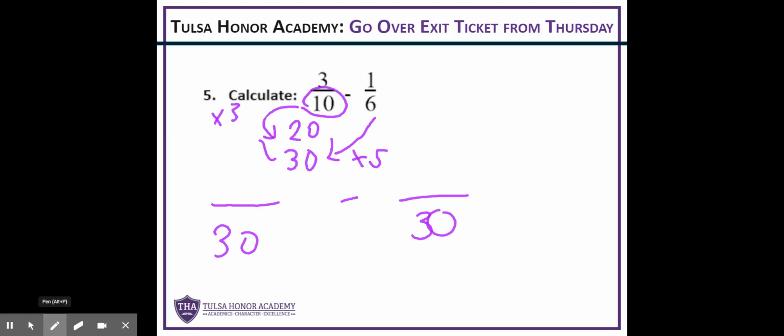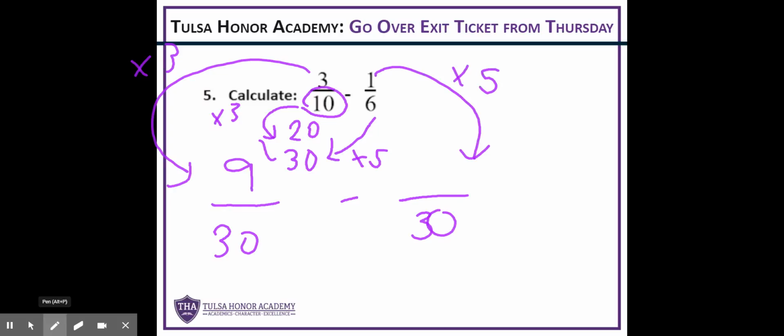For 3, we multiply 10 times 3 to get to 30, so we have to multiply 3 times 3 to get to 30, and that would be 9/30ths. For 6 to get to 30, we had to multiply by 5, so we need to multiply 1 by 5, and that would be 5 over 30.